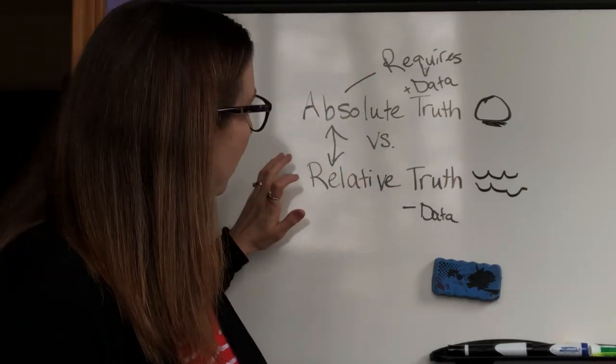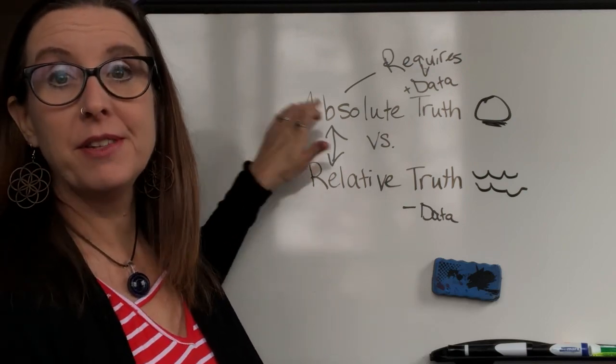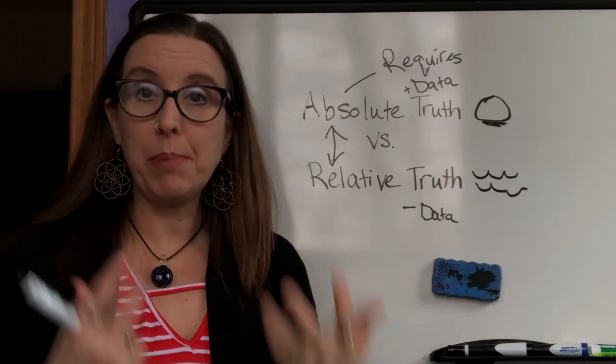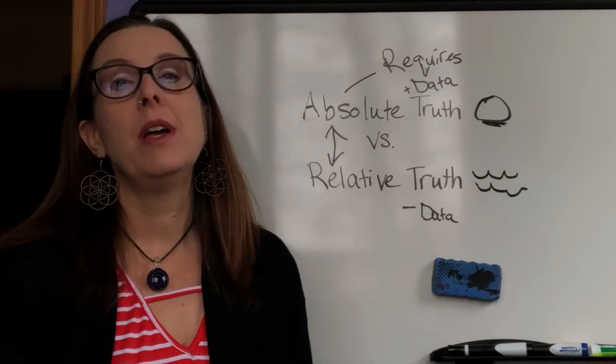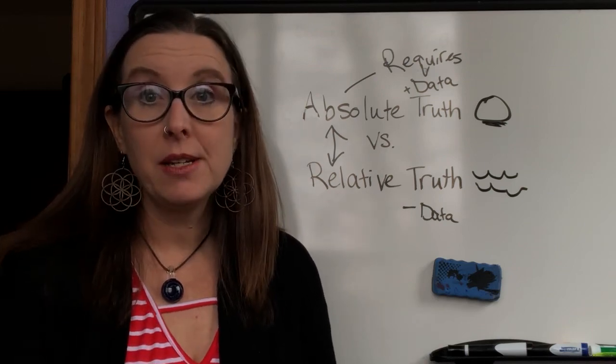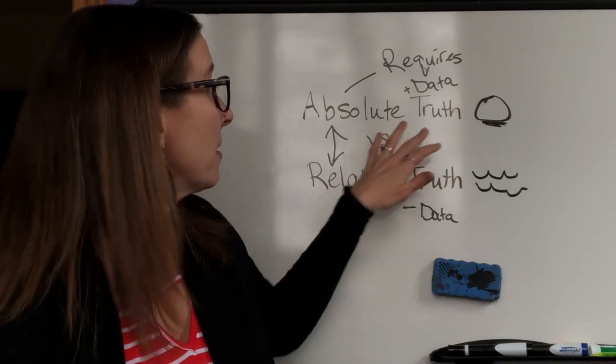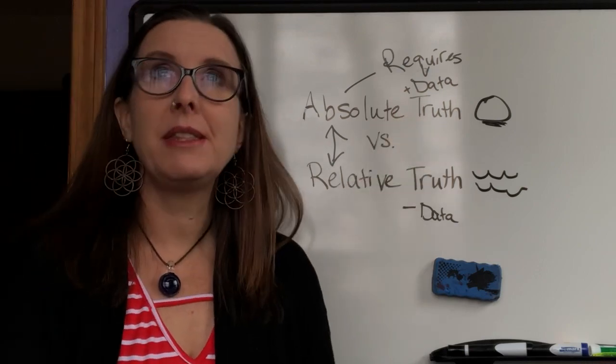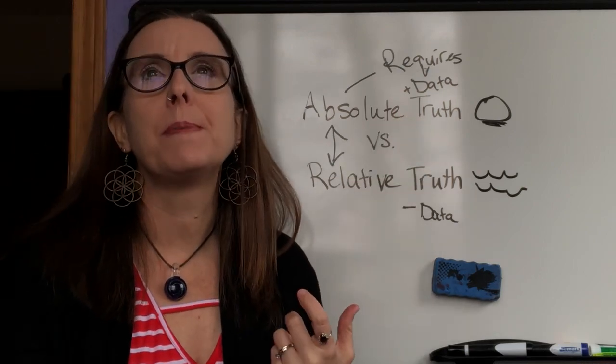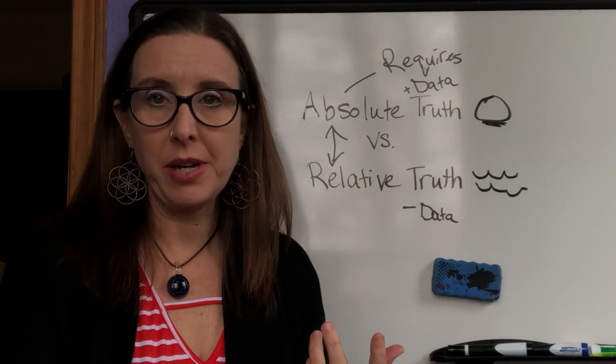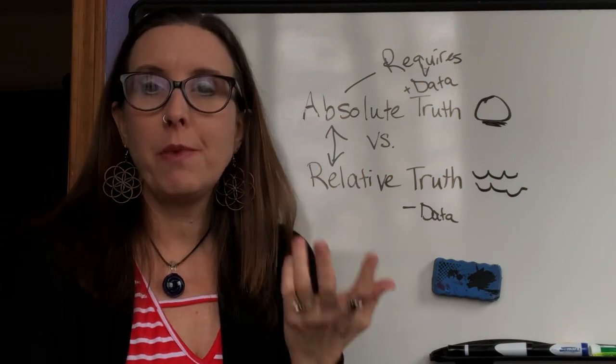But if I'm a relative truth person and I'm trying to influence someone who's in the place of absolute truth, that's where it gets tricky. Because someone who needs absolute truth, I think it's like a personality trait. It might even be hardwired into the brain.